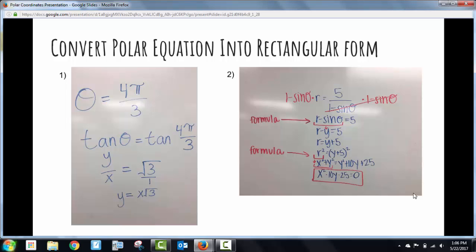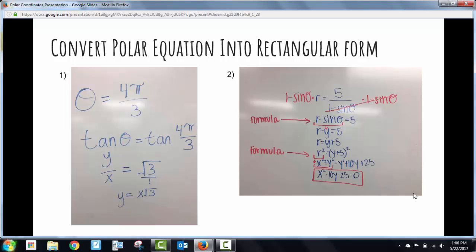For the second example, first you would multiply each side by 1 minus sine of theta, so you would end up with r minus r sine of theta equals 5. Then you use the formula to make it r minus y equals 5, add the y over, and then you square both sides, so r squared equals y plus 5 squared.